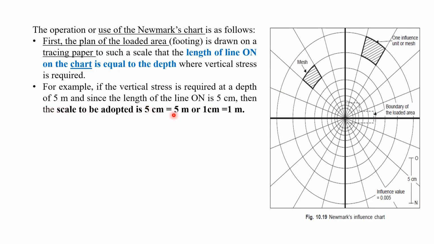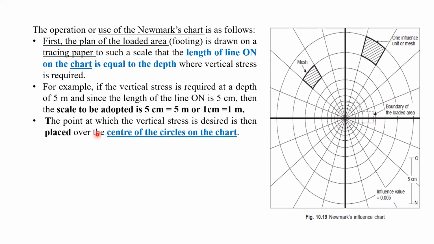The scale is 5 centimeter equal to 5 meter, because this is the depth at which you want to find it. This is written here, you can see. So 5 centimeter equals 5 meter, that means 1 centimeter is equal to 1 meter. So we have to prepare the plan of the footing of irregular shape using this scale, 1 cm equal to 1 meter, right?